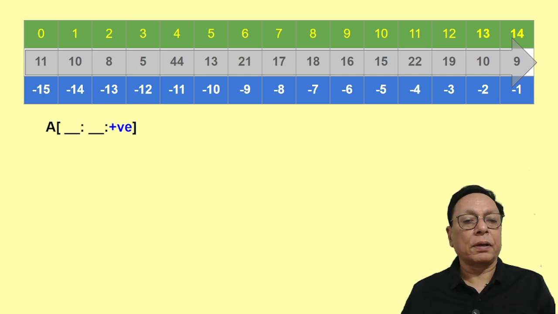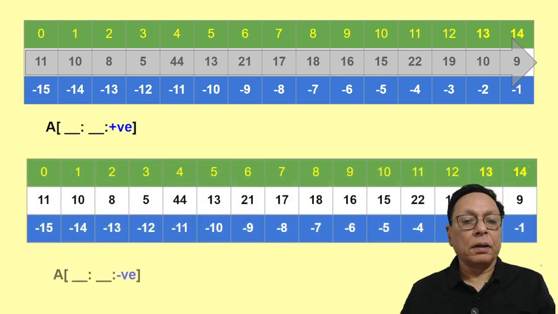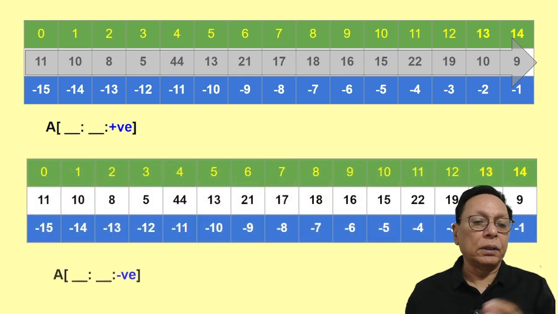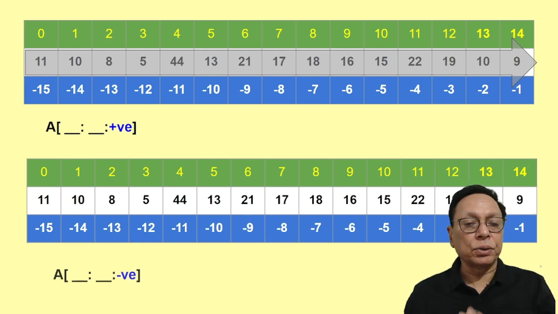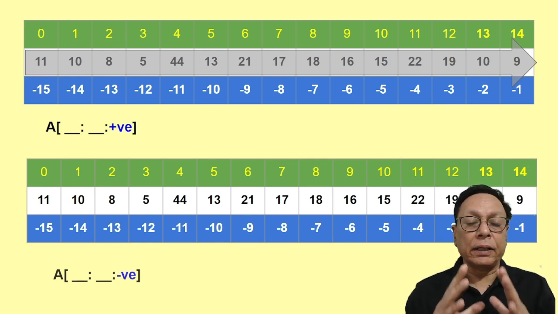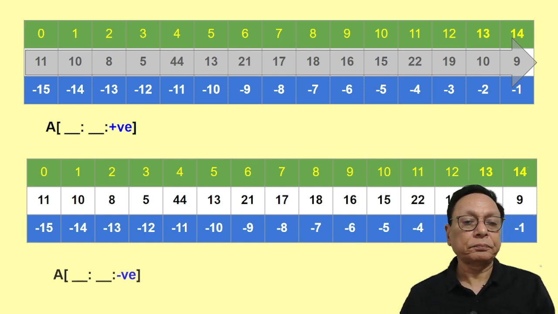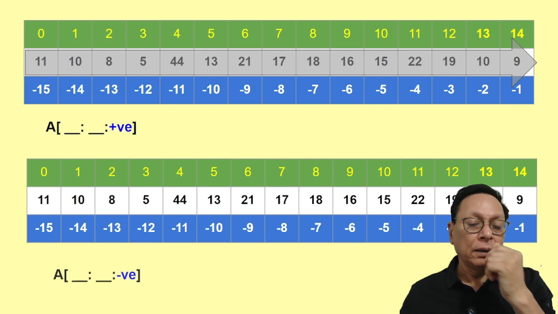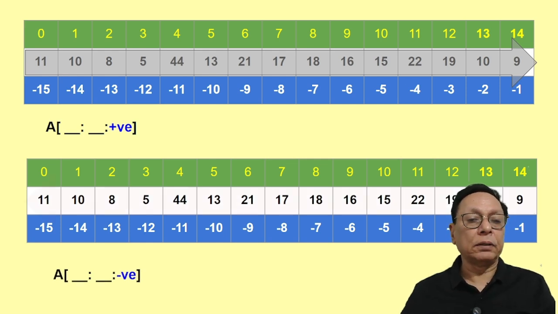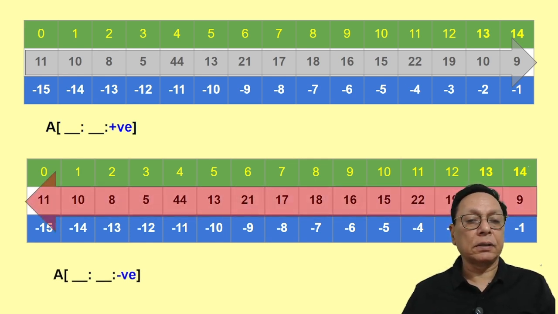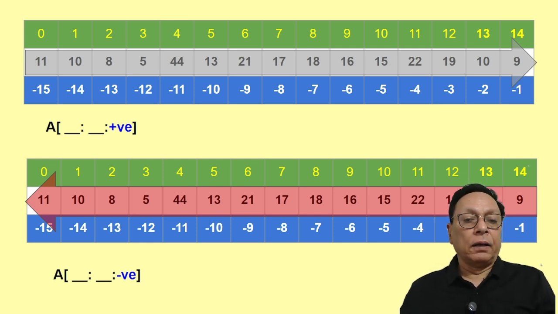And over here, if there is no start, there is no end, and the step is negative, say minus 1, it means you are moving right to left. So the complete list will be covered like this. Clear? And the next example is like this.